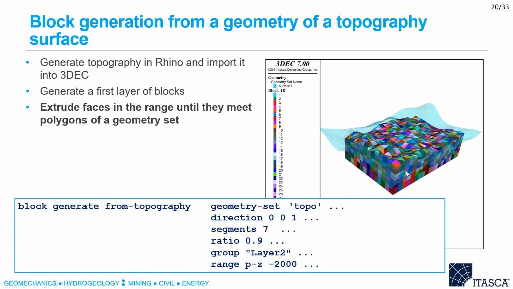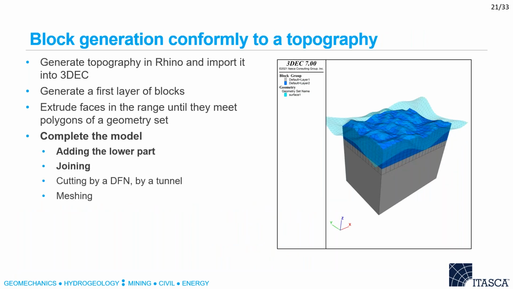We have a number of block layers that we can later join, because we don't want to have different blocks in this model. We can join them in order to suppress the virtual joints. Here I give an example of how to complete this model. We can add an inferior block, join everything.